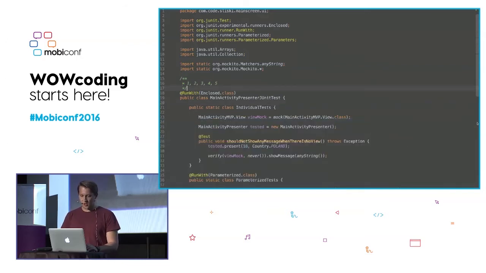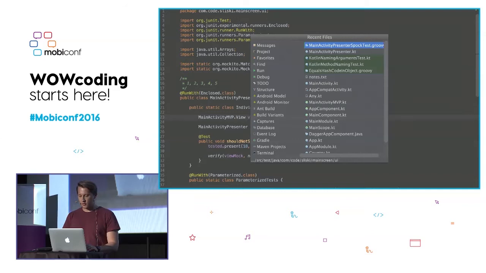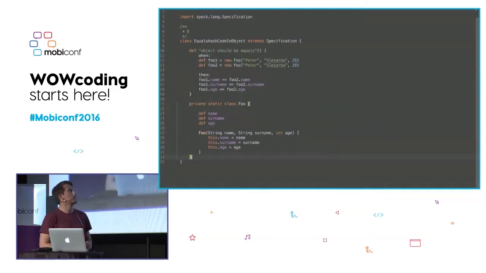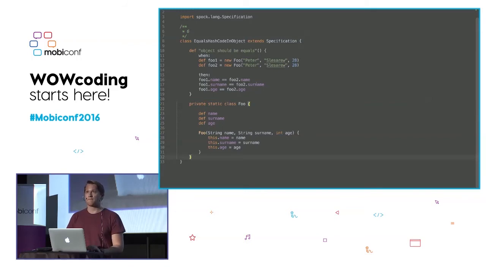Another thing that I want to share with you, maybe not so important, is comparing 2 objects. Can you tell me what is wrong with this test? With this one test? Don't be shy.